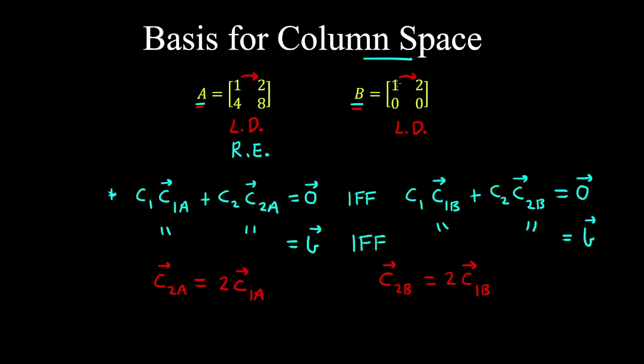And we can see that in B we only have one row with a leading 1, and therefore the corresponding column that forms a basis for the column space of B is the column with the vector 1, 0.